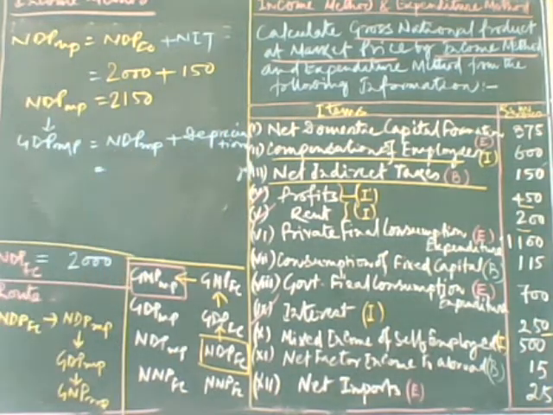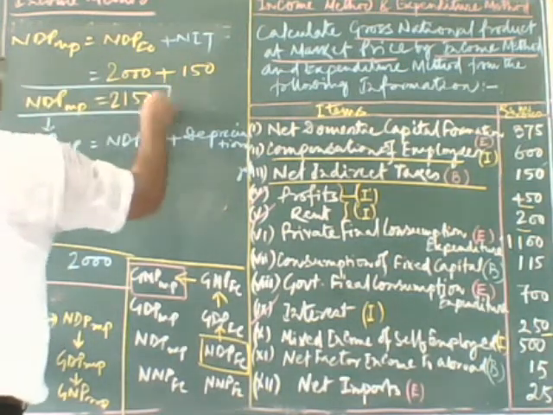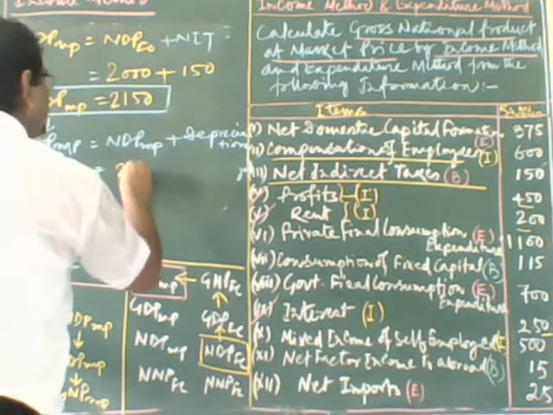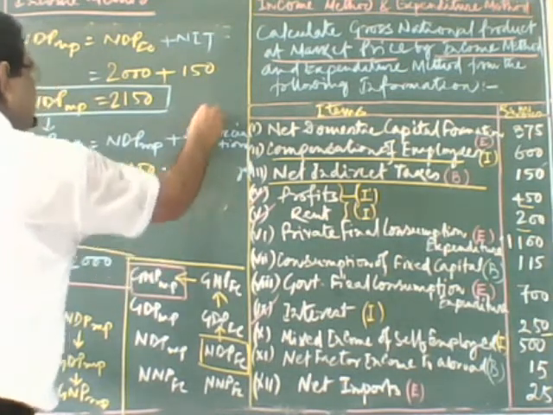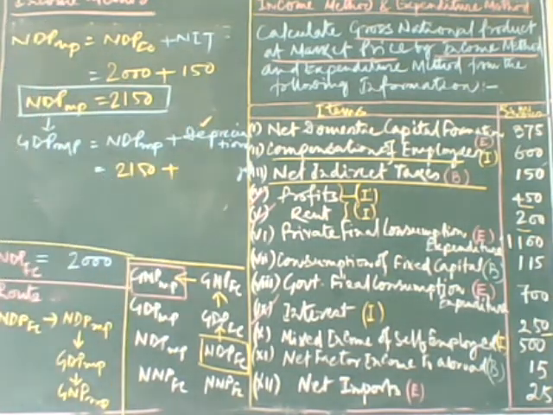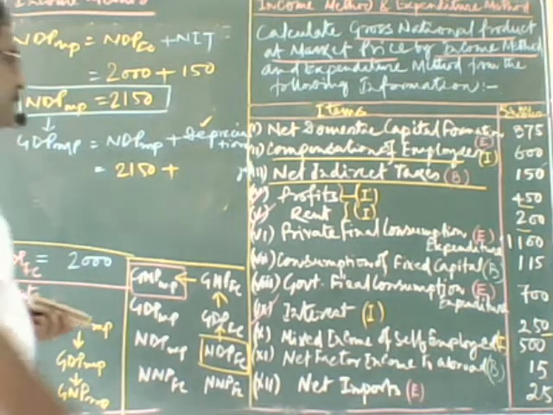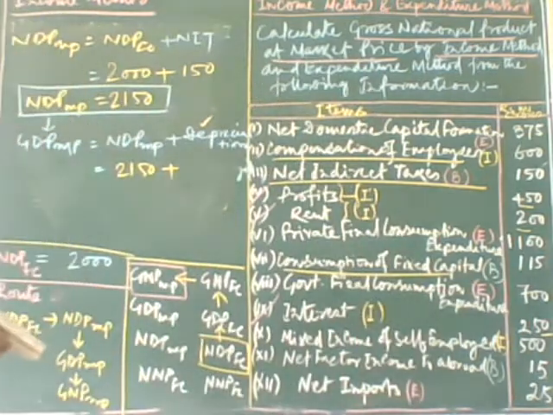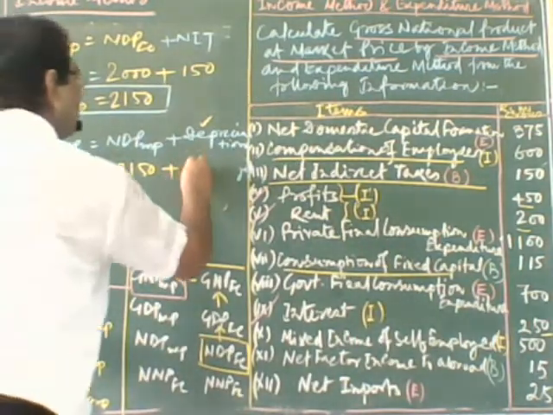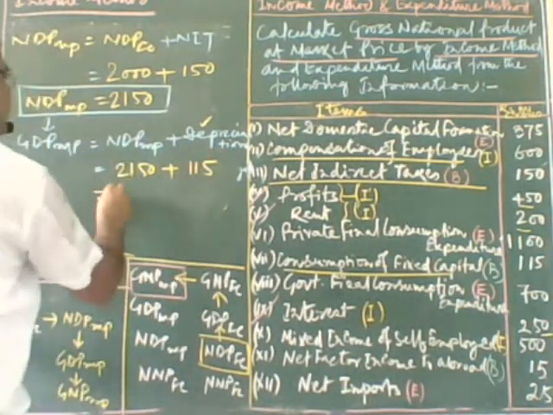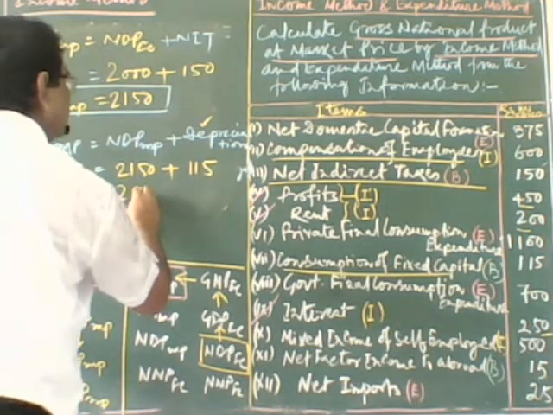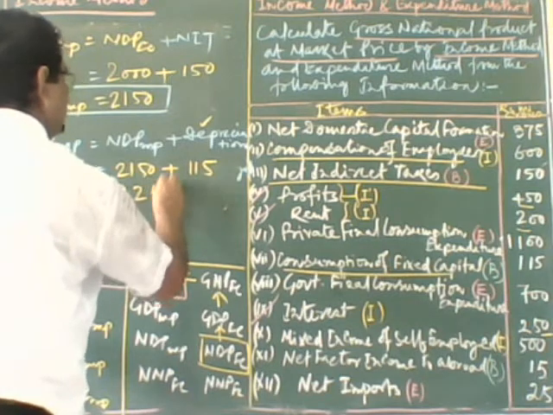Already you have calculated the value of NDP market price. You have to put this value 2150 plus value of depreciation, that is consumption of fixed capital, that value is 115. You have to put the value 115. So the result is 2265.